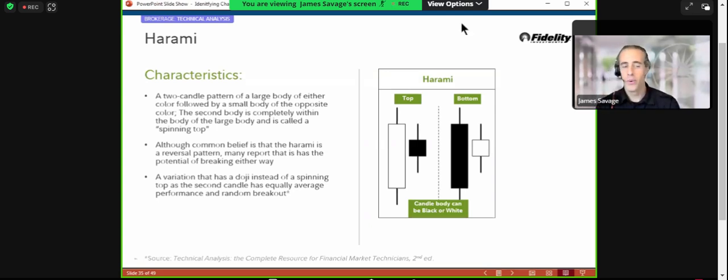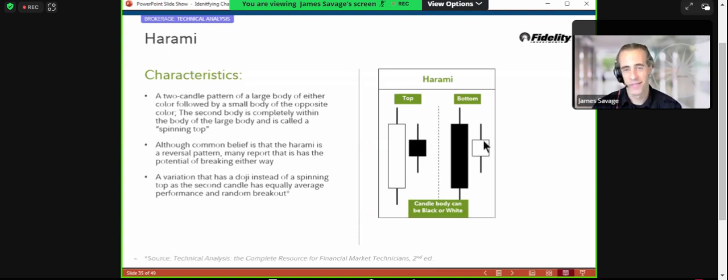So as we talked about, this is a two candle pattern of a large body of either color. That's going to be key, right? It can be hollow or filled, meaning it can be green or red, followed by a smaller body of the opposite color. Now that second body is completely within the body of the large body and is called a spinning top.